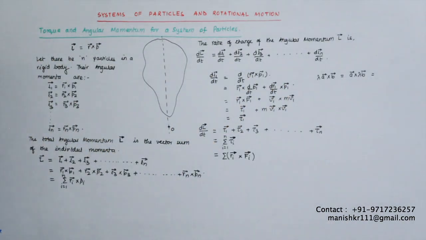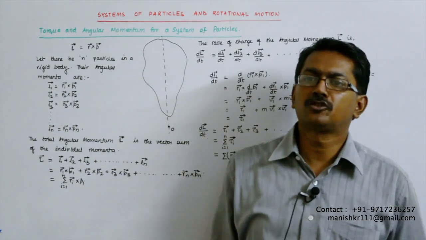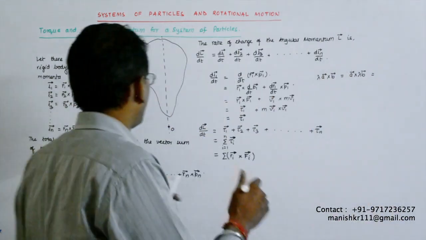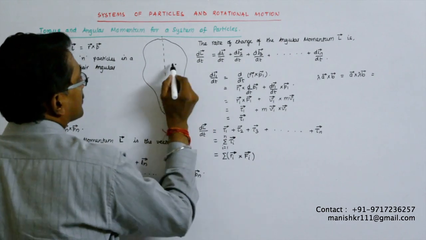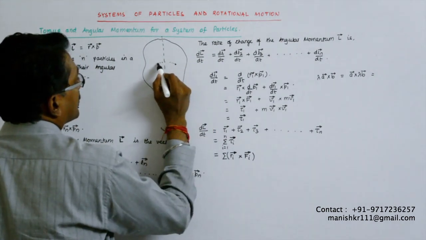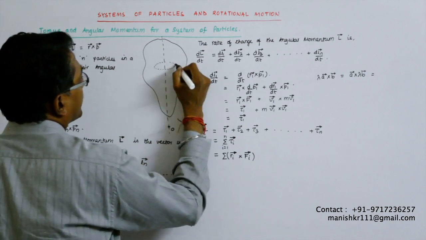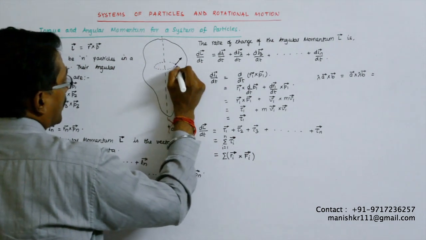Now this Fi, what is this Fi? It is not that there is only one force there. On particle number 1, there can be 3 forces. Say it has a tendency to rotate like this. So it may have a force like this. Okay, this is particle number 1.